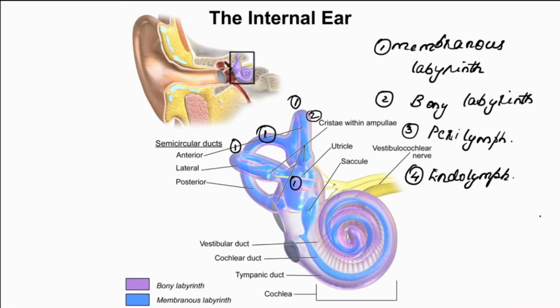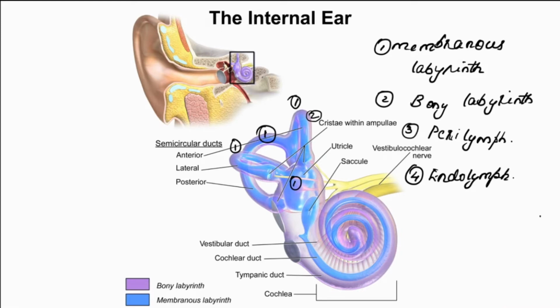All the parts are important. So, about the internal ear, the first point we need to understand is the membranous labyrinth. Here in this picture, we can see some semicircular C-shaped canals or rings. Those canals are called the membranous labyrinth.